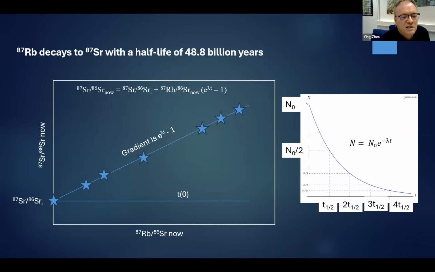That's the theory, at least. As long as they all started with the same medium, they should fall along this isochron. But to keep it simple, the strontium isotope ratio is dependent on the age and the rubidium-strontium ratio that it started with. Okay.